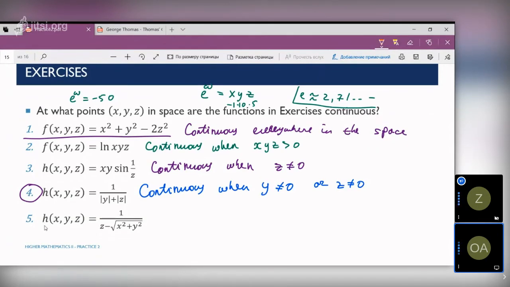So in this case, it's continuous when z is not equal to 0. Z not equal to 0?